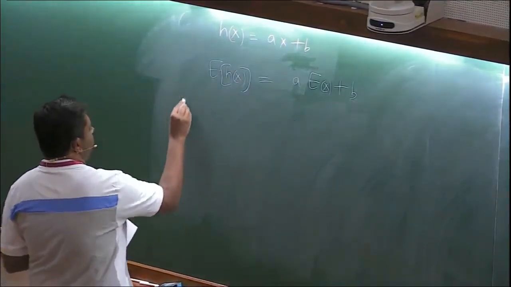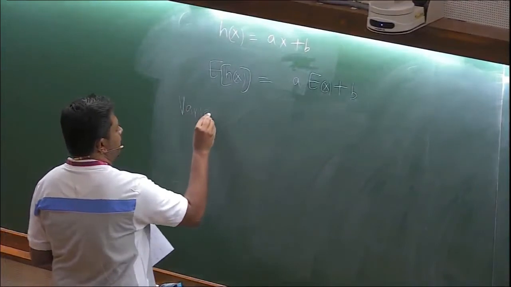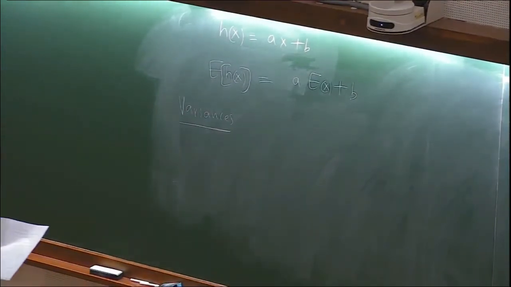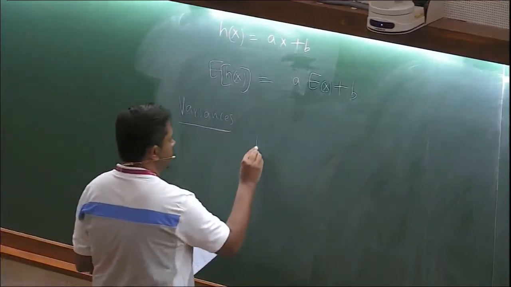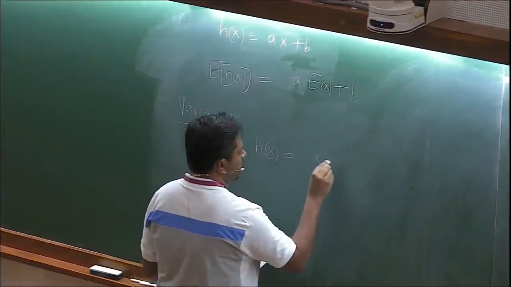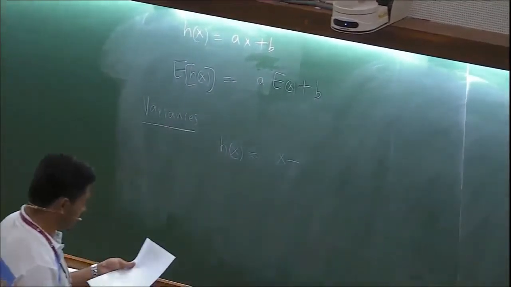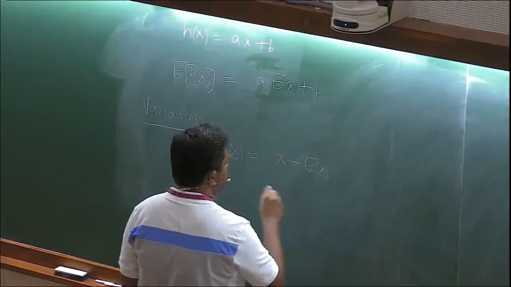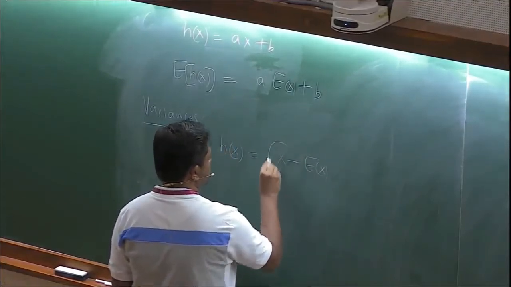The next thing you define, which characterizes the width of the distribution, is what is called the variance. Now the function h of x is a measure of how far away from the mean value the value of x is. This is squared.